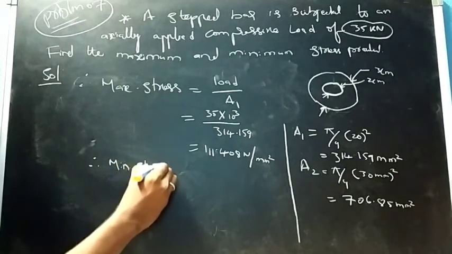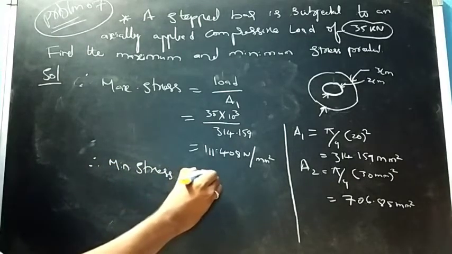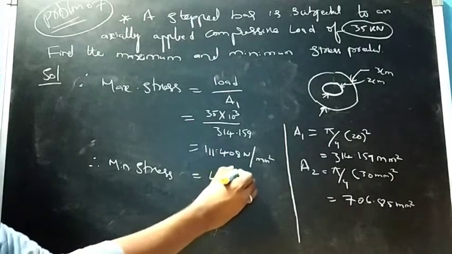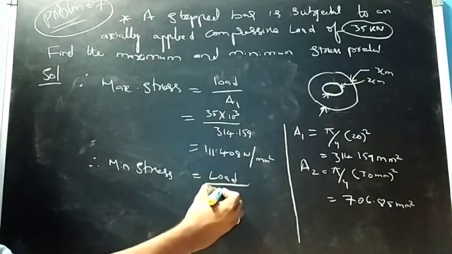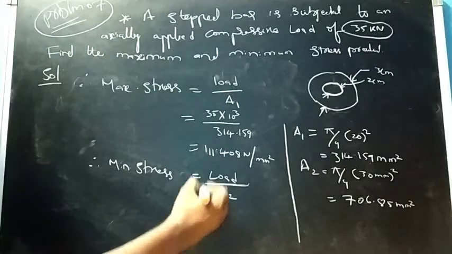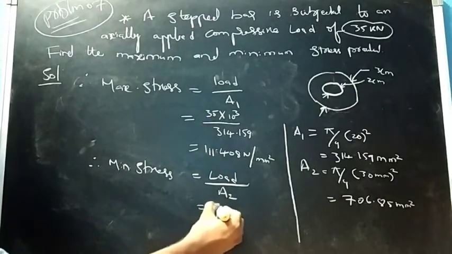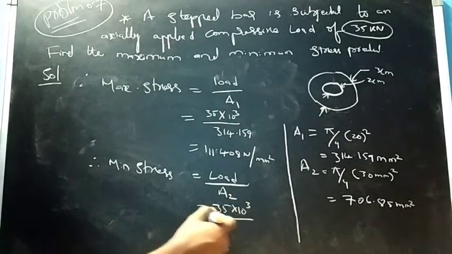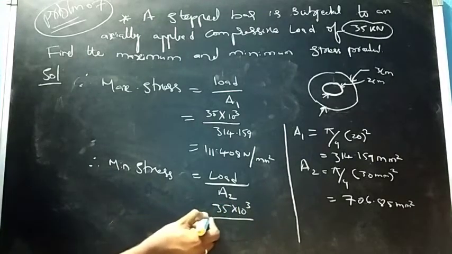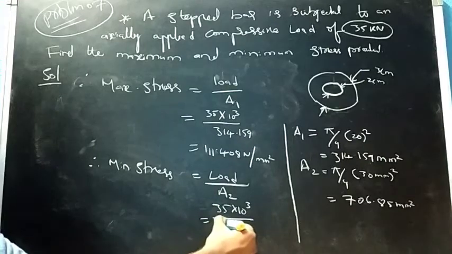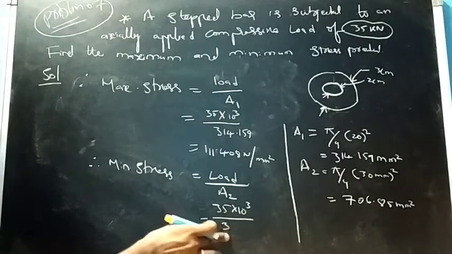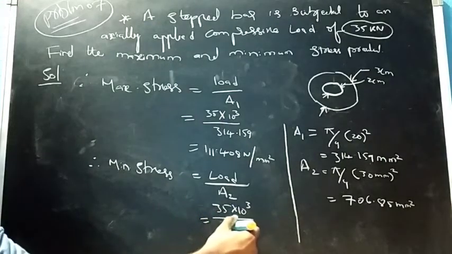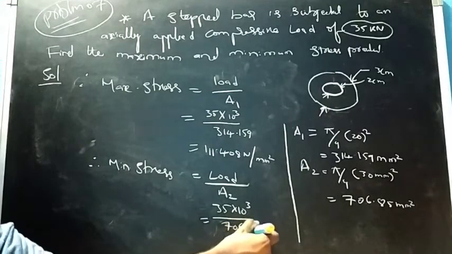Now we'll find out the minimum stress. Minimum stress equals load upon area, that is A2. We know the load is common, 35 into 10 to the power of 3 upon 706.85.